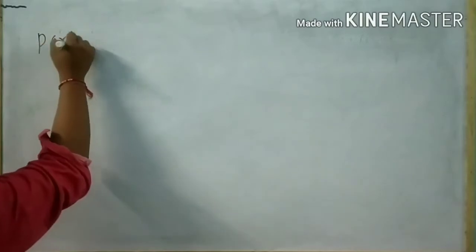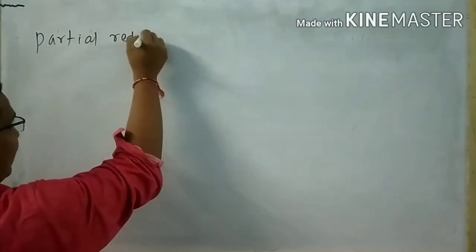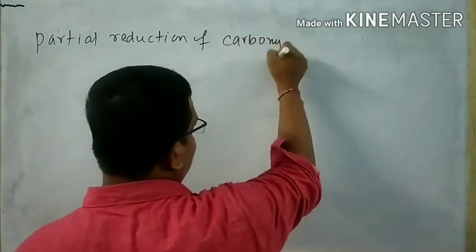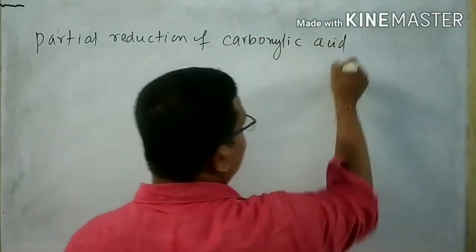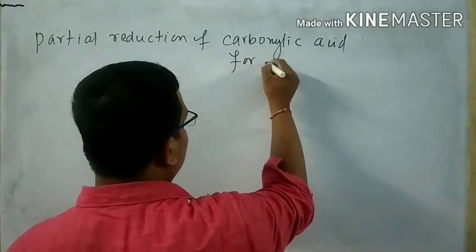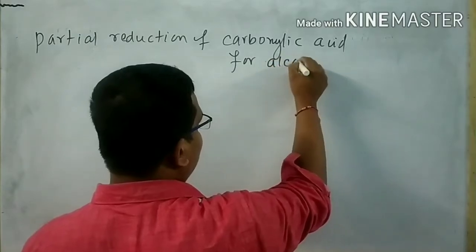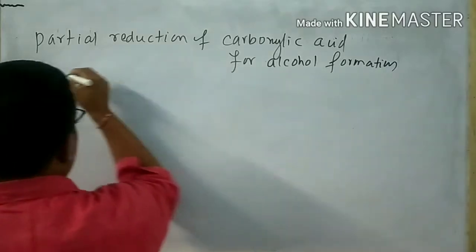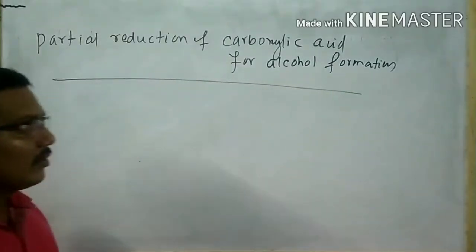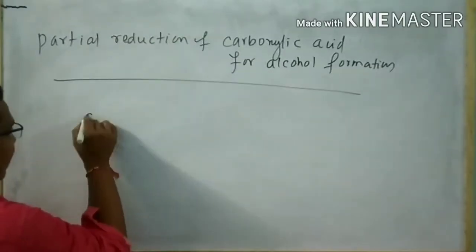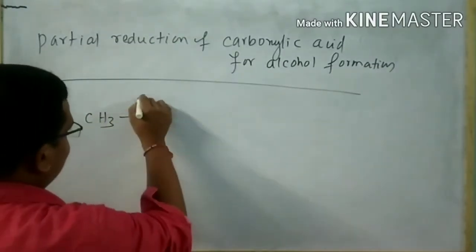Now I will discuss the partial reduction of carboxylic acid for the formation of alcohol. For this reaction, generally, suppose we take acetic acid.